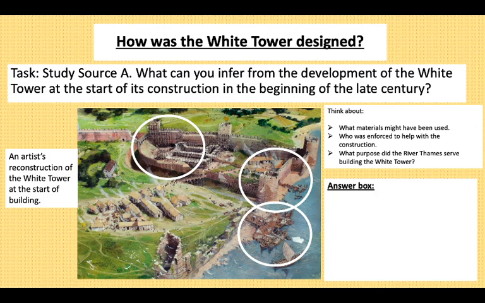Okay, let's have a look at what we might be able to infer from the development of the White Tower. So let's go over to this circle. At the beginning of this task, I said that you'd normally think of scaffolding being around great buildings.